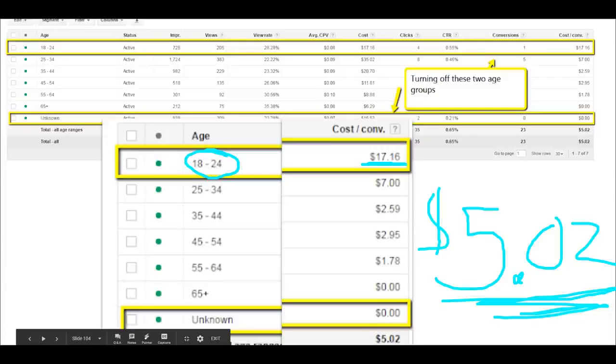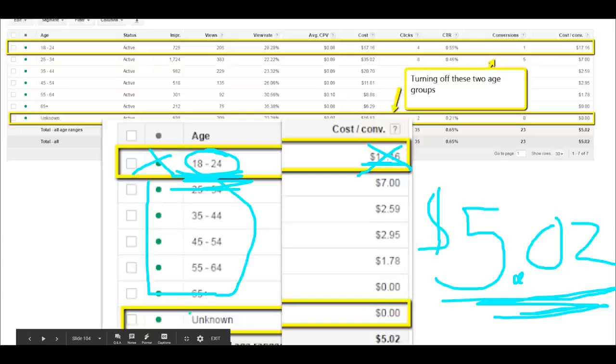That doesn't make sense. Again, I'm still not making money from sales yet, but I'm looking at whether I'm collecting email addresses cheaply, and that doesn't work out. So I would turn off 18 to 24-year-olds so I could spend more money on other age ranges that are working.